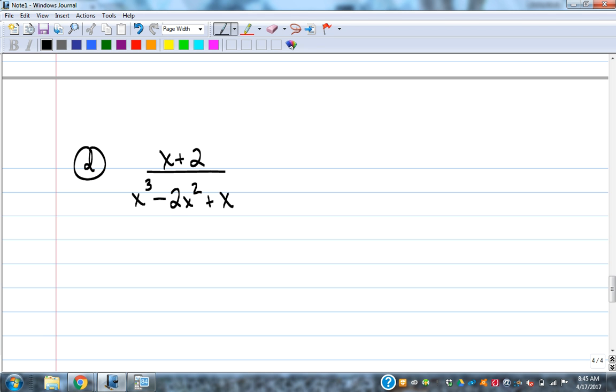All right, so a little bit different one here. We got x plus 2 on the top, and then x cubed minus 2x squared plus x in the denominator. So we want to think about factoring that denominator. So I know it's got a GCF of x. And then that will factor as what?